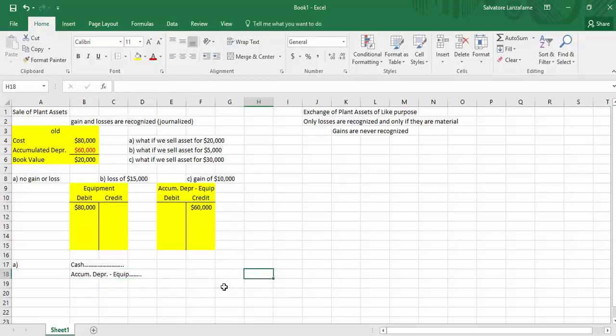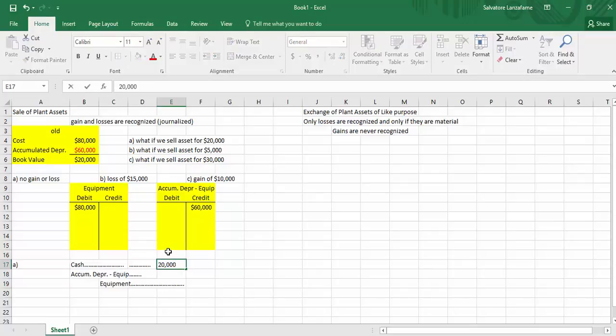Okay, so we got 2 debits so far, and then we want to get rid of the actual equipment itself. So how much cash are we getting for this equipment? We're getting $20,000.